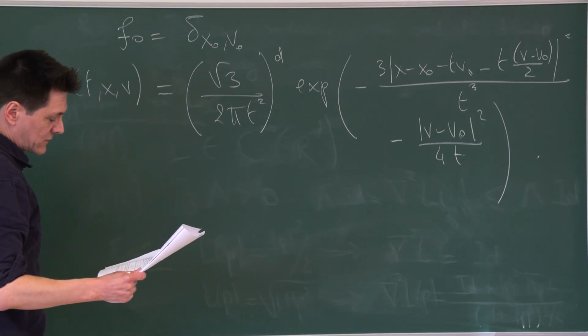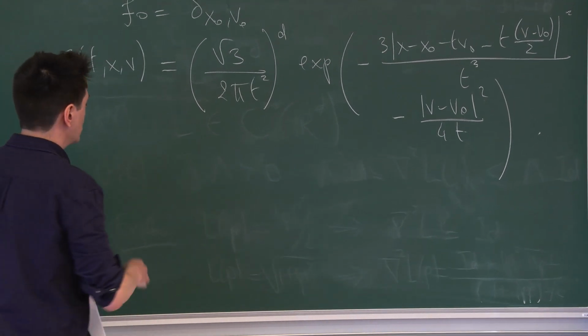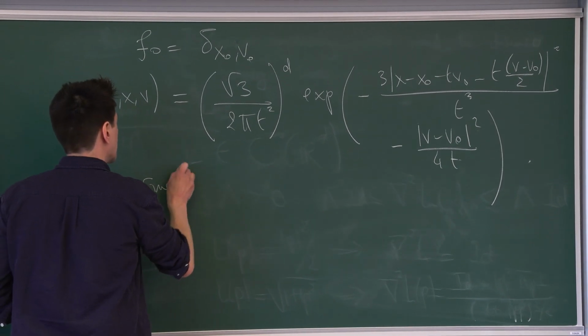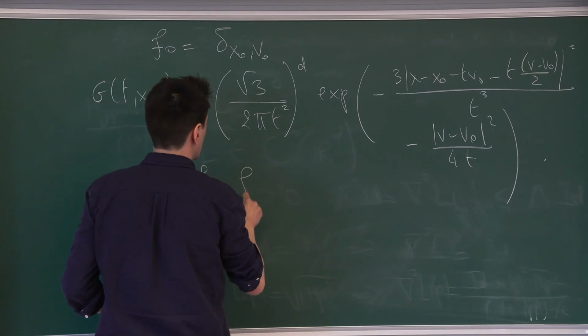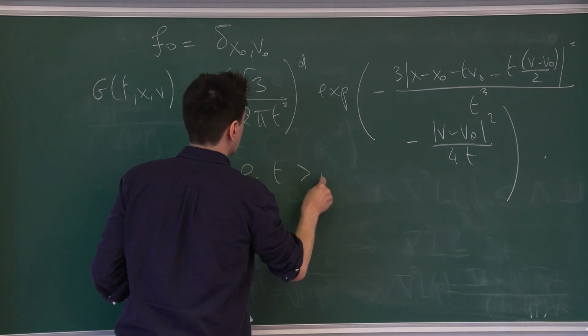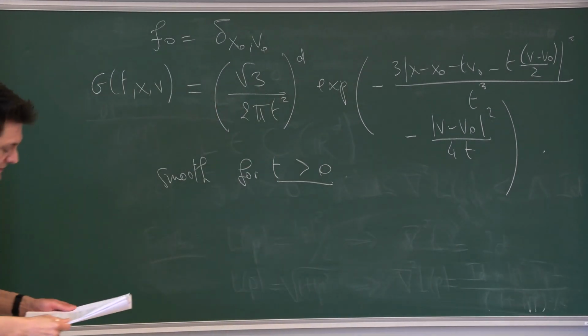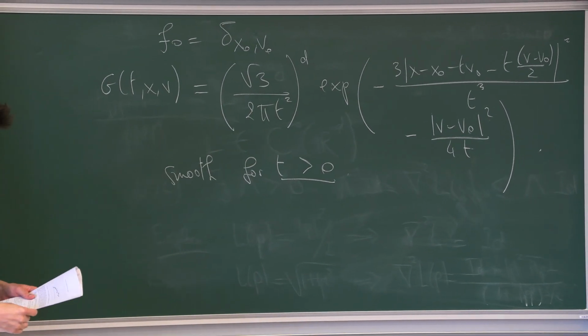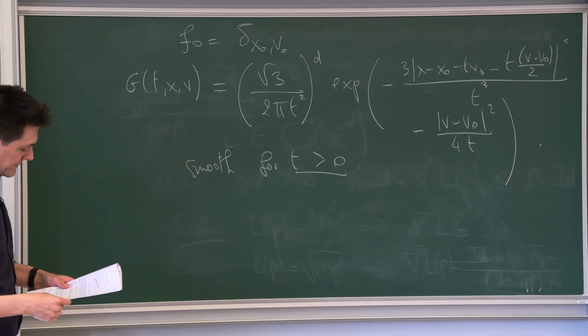So you have this fundamental solution, and it is smooth. You can see that it is smooth for T strictly positive. So that is the starting point.